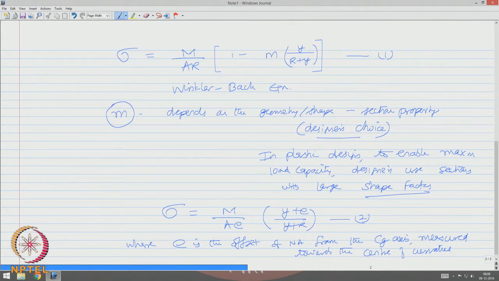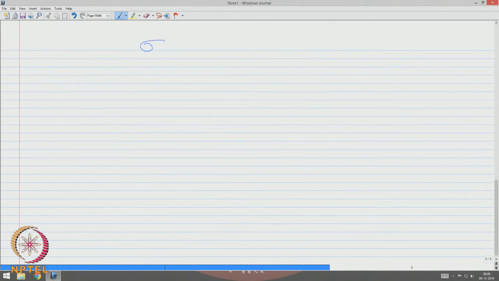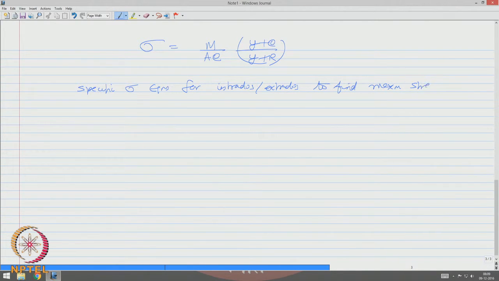Now, considering equation 2, one can always derive specific stress equations for intrados and extrados to find maximum stresses in the extreme fibers.